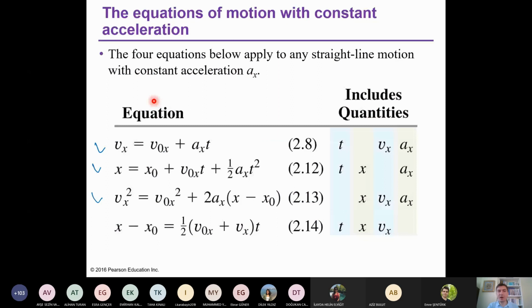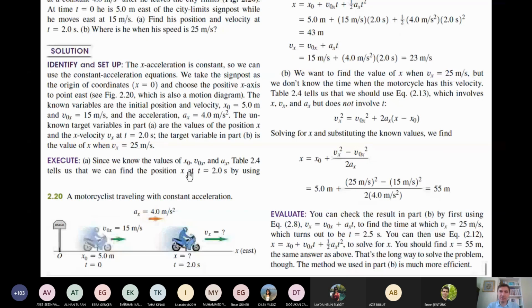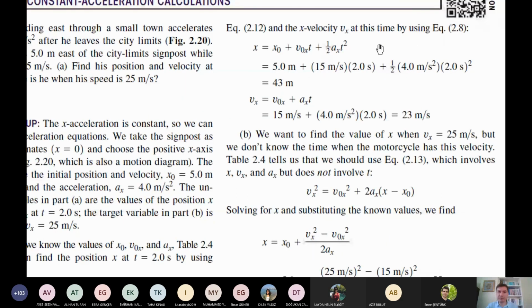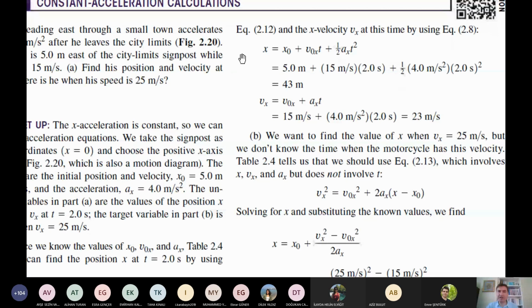When you are solving problems related to that chapter, motion with constant acceleration, always keep these equations somewhere on your table, okay? Don't forget, this is very helpful. So I can use this equation for the position.